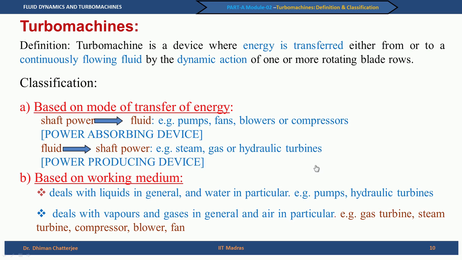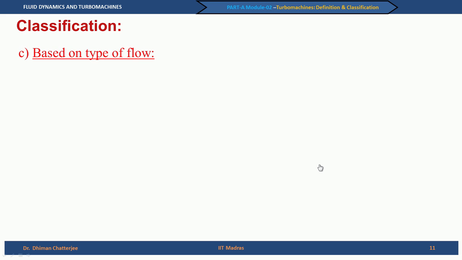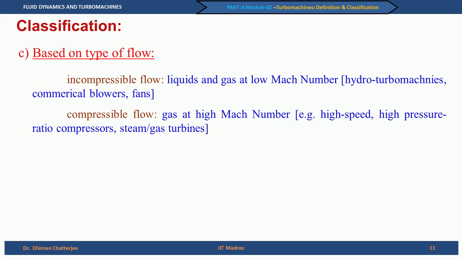We can continue with the classification of turbo machines further. We can say that based on the type of flow, as you have already studied in fluid dynamics, the flow can be incompressible and compressible. When do you have a flow to be incompressible? When the density changes are insignificant and when the Mach number based on the fluid velocity is less than 0.3.